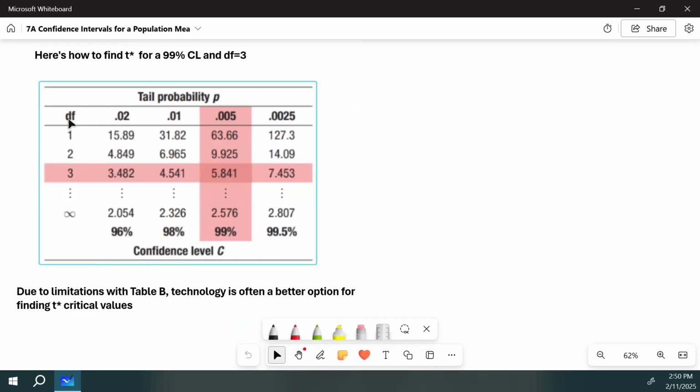Then it's going to skip by multiples of 10, then maybe multiples of 100, and then up to 1,000, and then maybe infinity would be the last line. So you're not always going to have the exact degrees of freedom on your T table. You just go to the highest degrees of freedom that is less than yours.